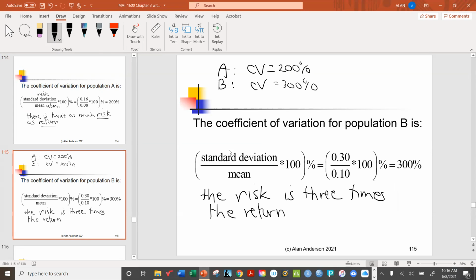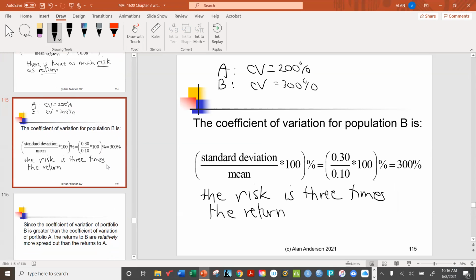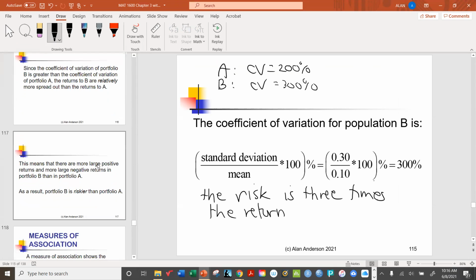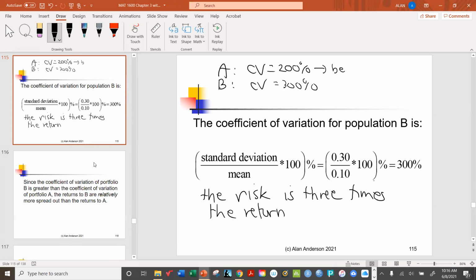So therefore, which one of these would you want? That tells me that A is probably the better choice, because the level of risk to return is only 2 to 1 instead of 3 to 1. So in a measure like this, a lower coefficient of variation is better.